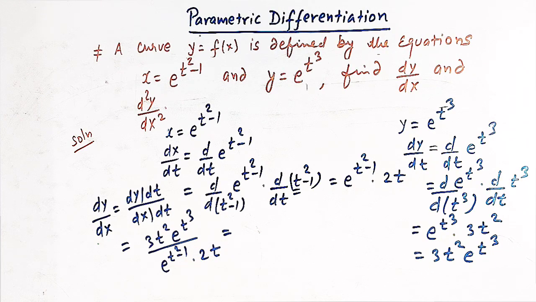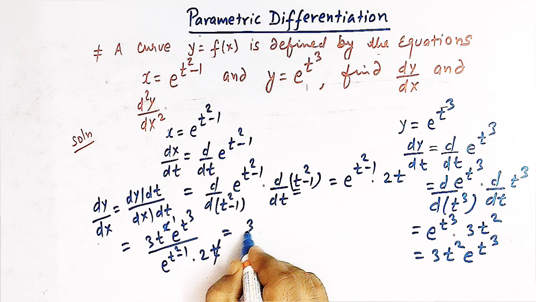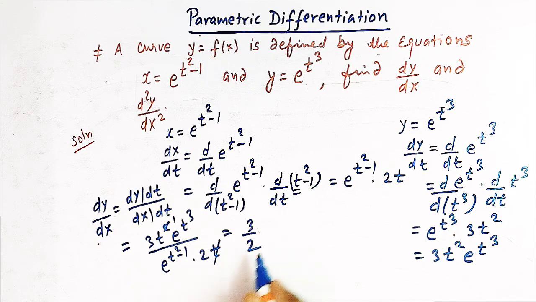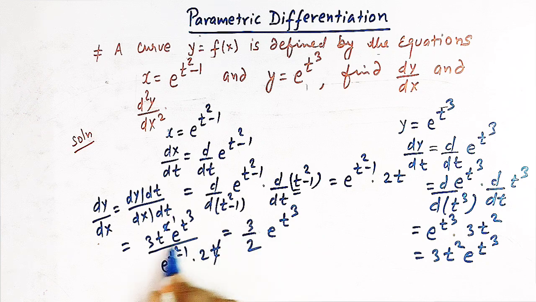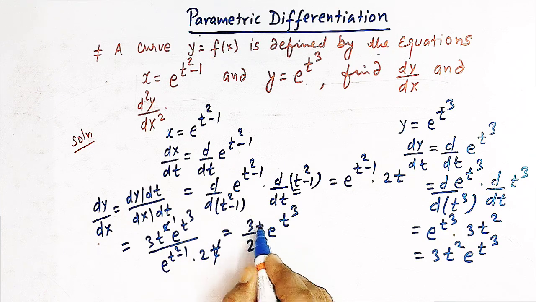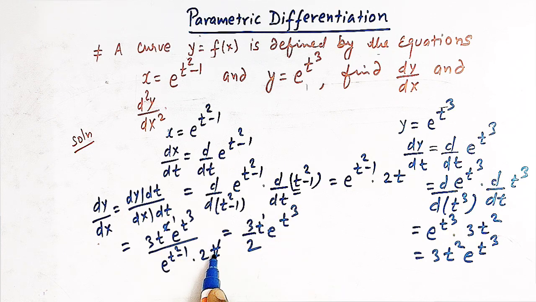So now we can simplify this expression. Here this t and this t get cancelled, and we have 3 over 2 and e raised to t cube, and here t and t get cancelled, and 1 t remains.